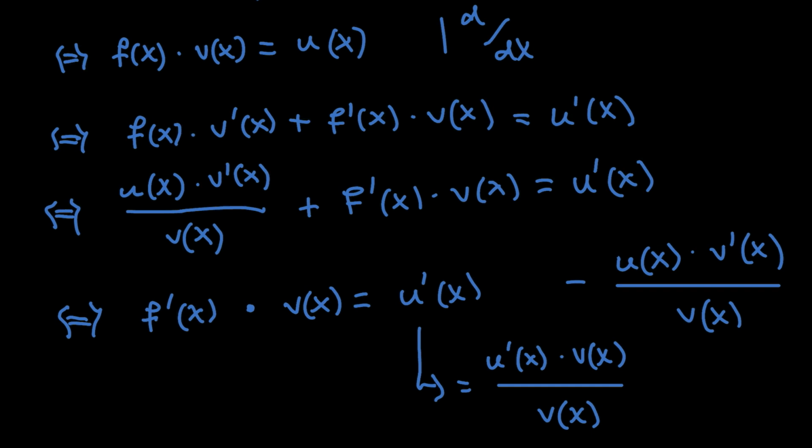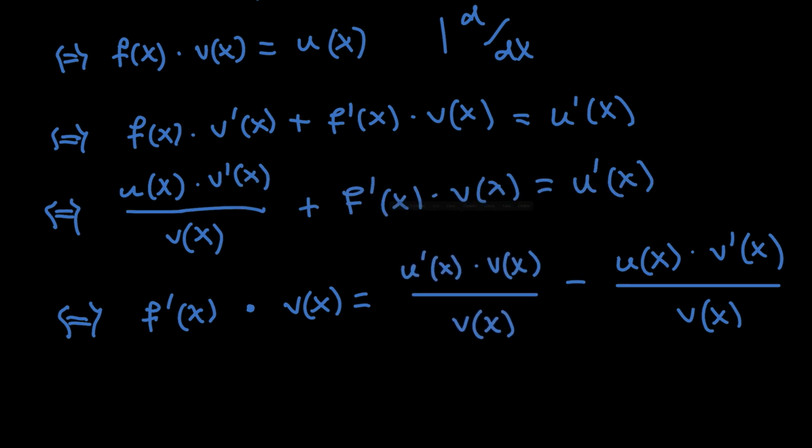And of course this is correct, the equality, because if you just cancel out the v of x's, u dashed of x is equal to u dashed of x. So I'm going to substitute u dashed of x by this expression. And the reason I'm doing this is to get this common denominator so that I can merge the fraction.